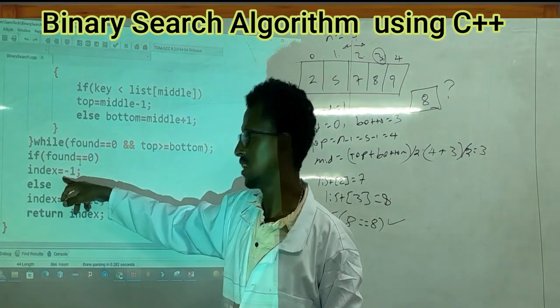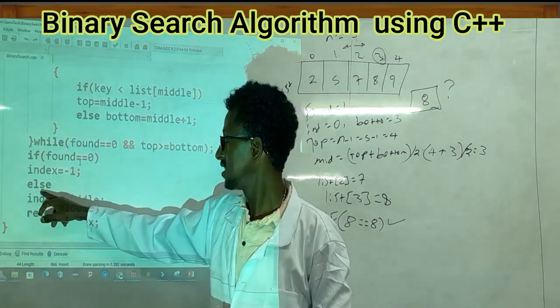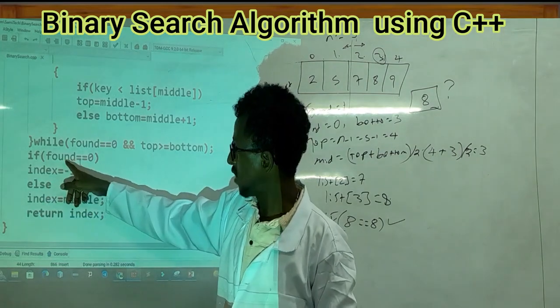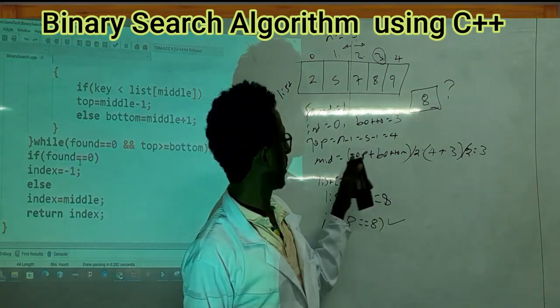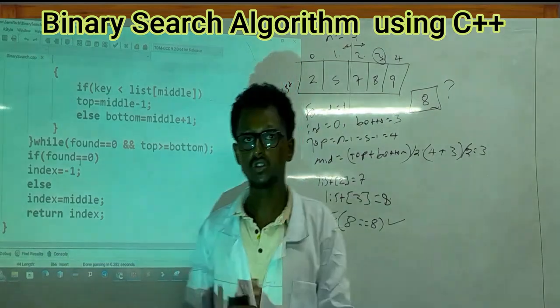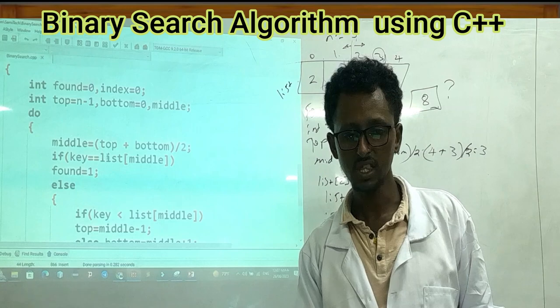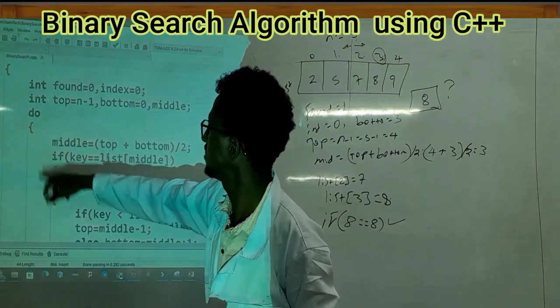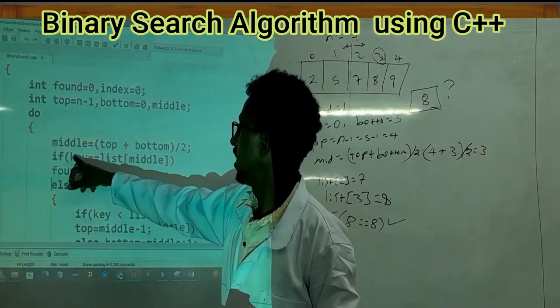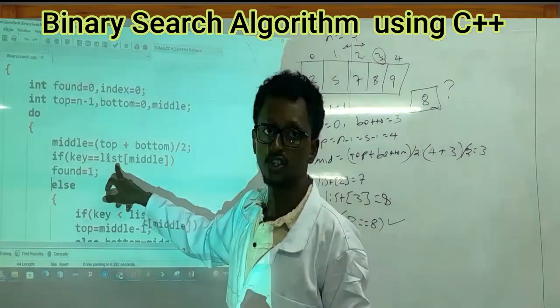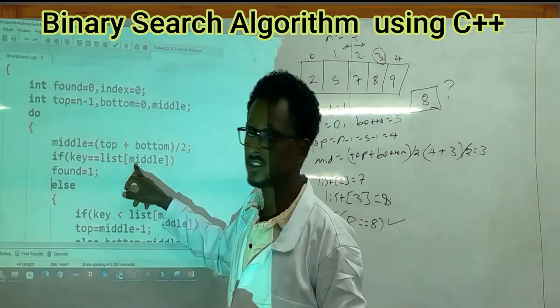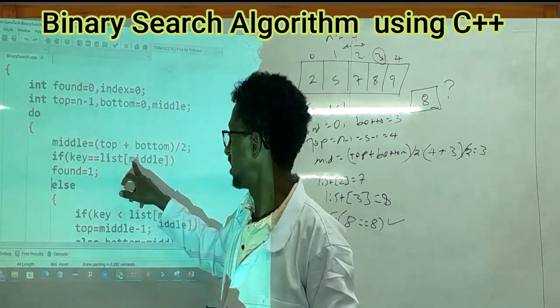Now, if found equal to 0, wrong. If this is true, index is equal to minus 1. Unless found is 1, as I show you here, found is changed to 1 because the if statement is true here. That means the key is matched to the middle element of the list, the third index of the list.